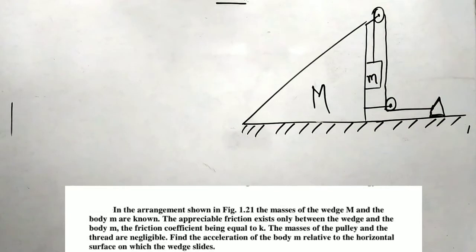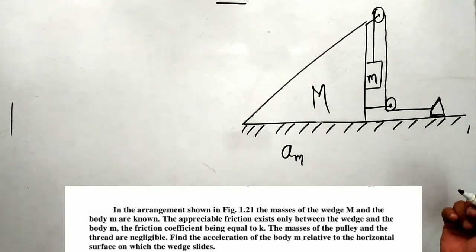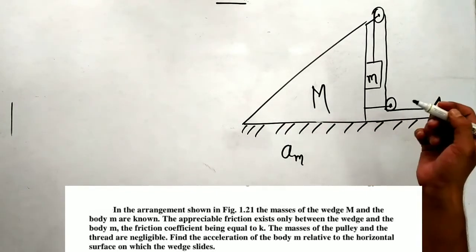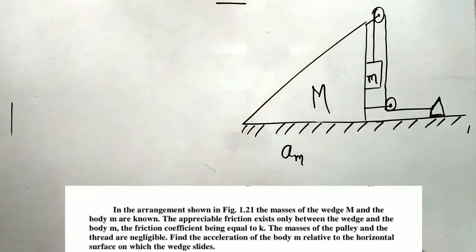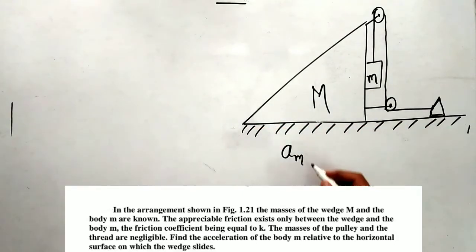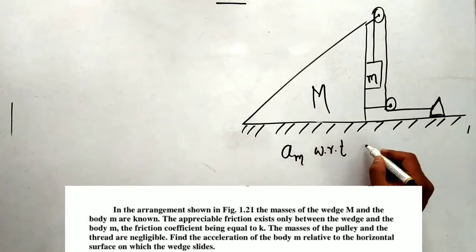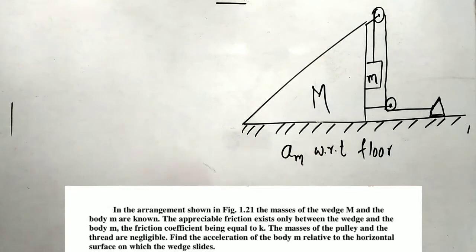What we have to do is find the acceleration of the mass M with respect to the horizontal surface. The friction exists only between these 2 masses. There is no friction here on the surface. We have to calculate the acceleration of the small mass M with respect to the floor on which the wedge M rests or slides.